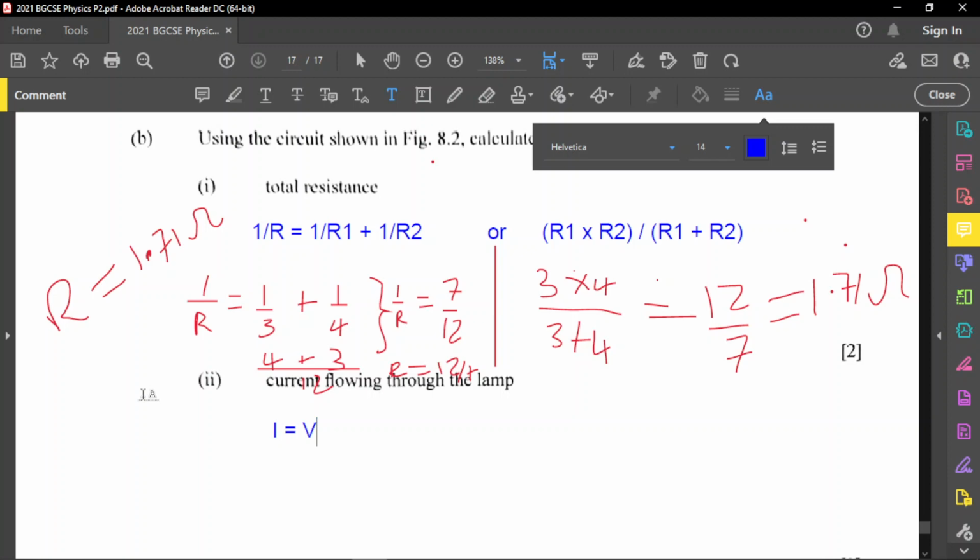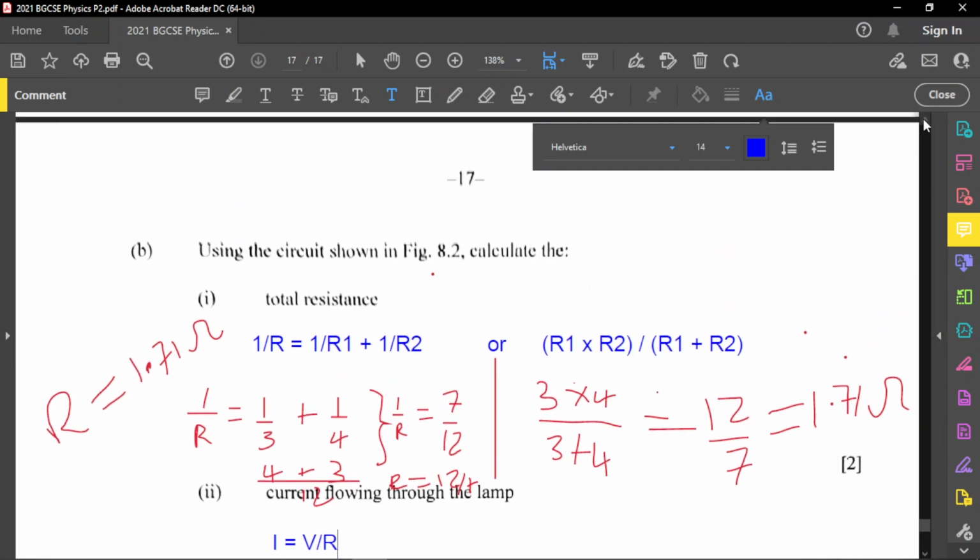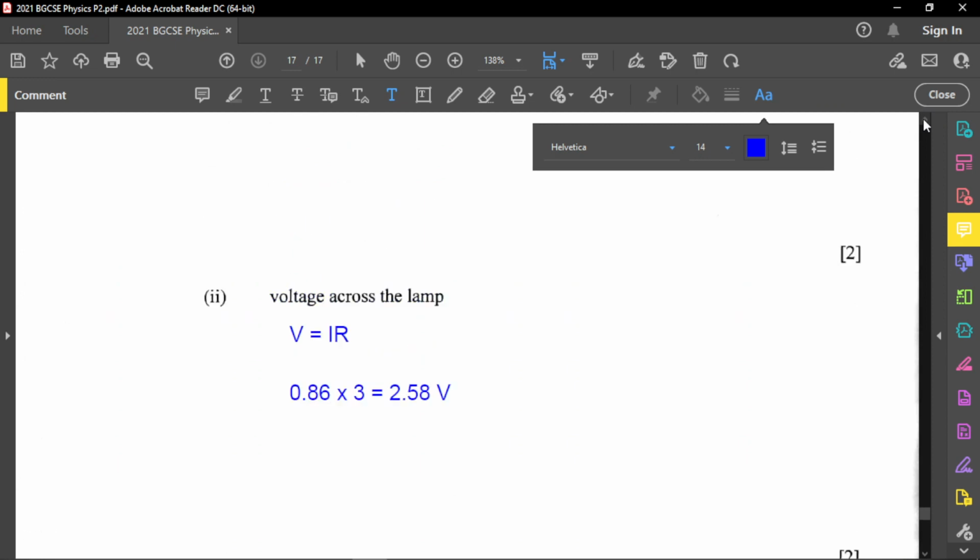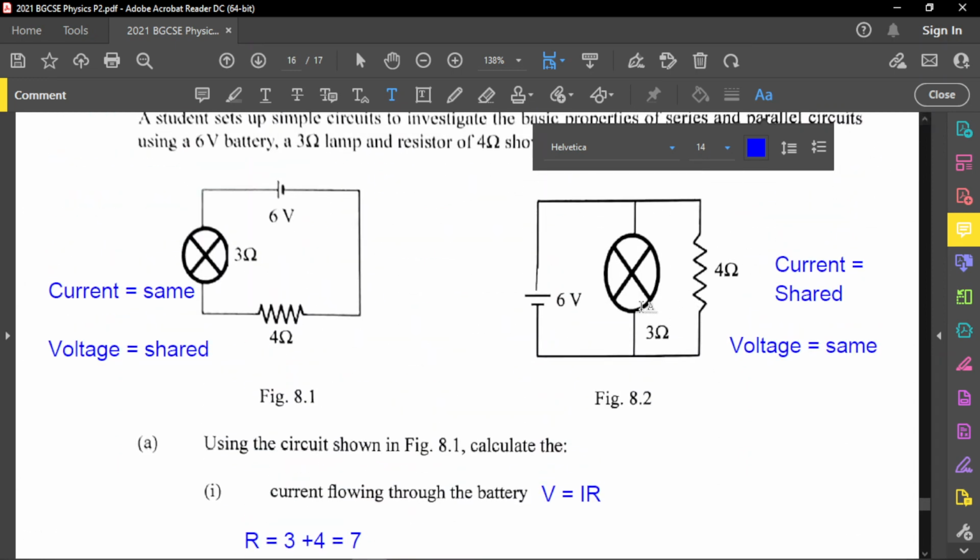The first thing we need to know is our voltage. The lamp here is 3 ohms, and the voltage here is 6 volts. The voltage across both of them will be the same. Remember that the voltage is the same across the 3 ohm and across the 4 ohm.